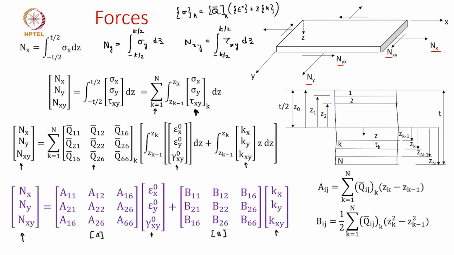So this matrix A is nothing but the product of the stiffness matrix component terms times z_k minus z_k minus 1. What is this value? This is simply the thickness of the layer. And for the B matrix, we have the stiffness component term times z square by 2. And where are these coming from?